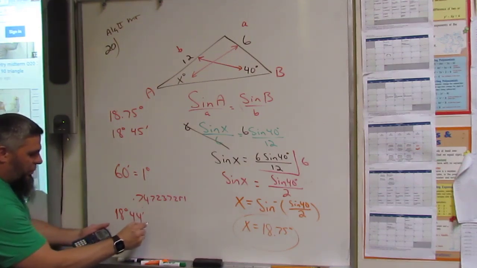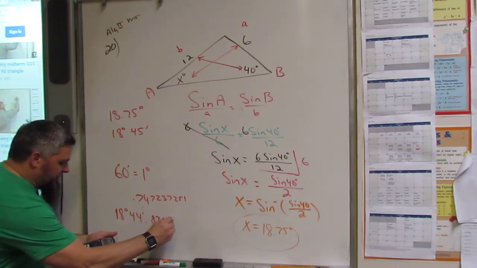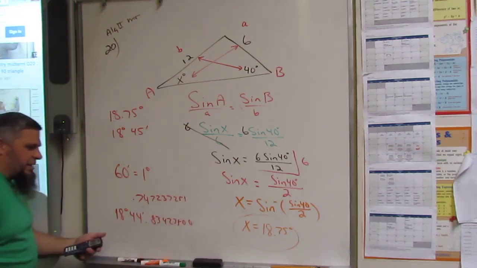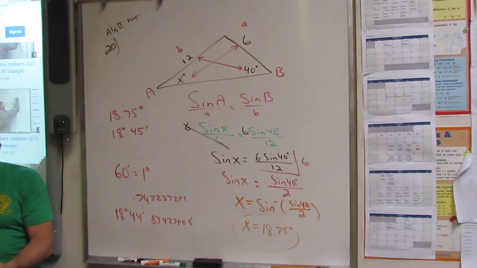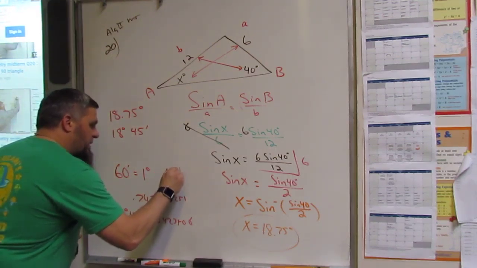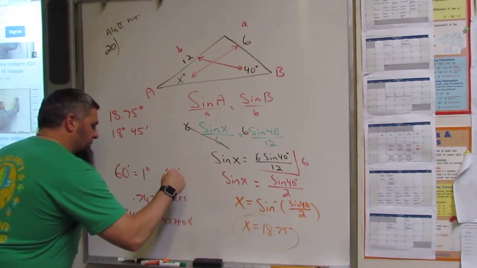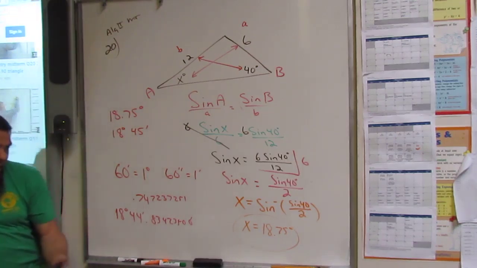I get 44.83423506, right? And then what I do with that decimal, I get rid of the 44 by subtracting 44, right? So I got 0.83, and I take that 0.83 and I multiply it by 60 again, because 60 seconds will equal 1 minute. Okay?